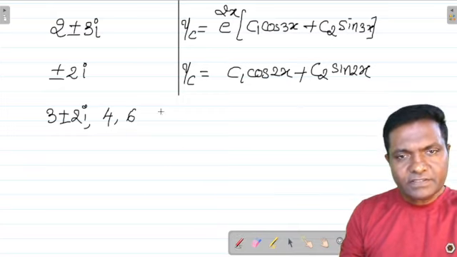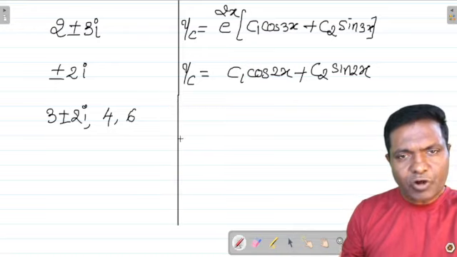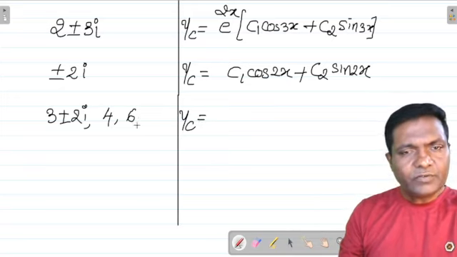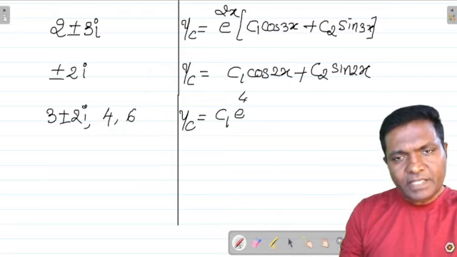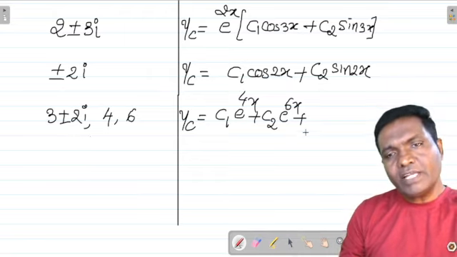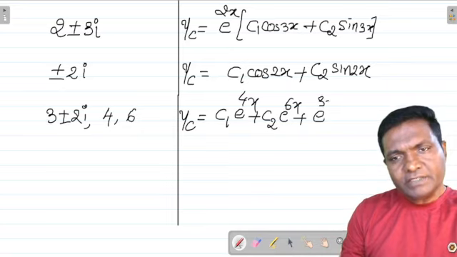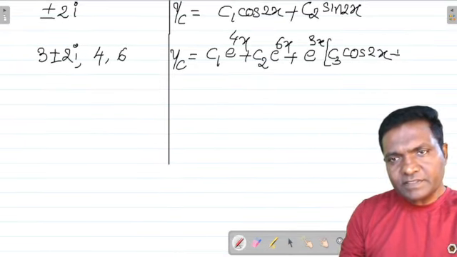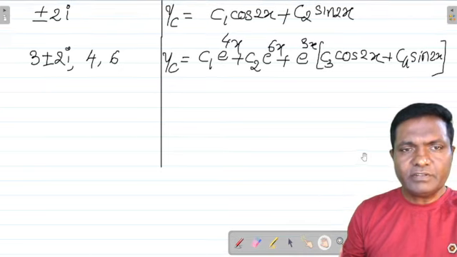In this case, the complementary function yc for the real roots 4 and 6 you may write as c1 e^(4x) + c2 e^(6x), and for the complex pair 3 plus or minus 2i you need to write e^(3x) into (c3 cos 2x + c4 sin 2x). So in this way you have to write.